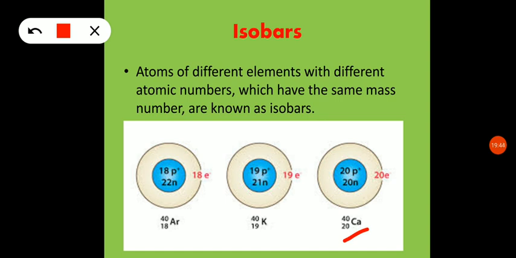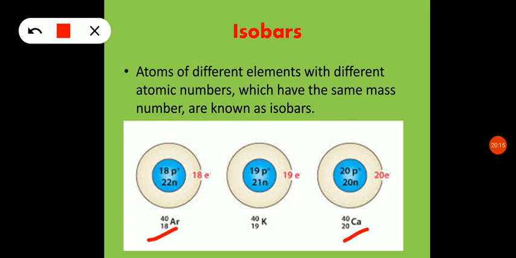And argon atomic number is 18 and mass number is 40. So here the number of electrons in these atoms is different, but the mass number of both these elements is 40. If you compare calcium and argon, the atomic number is different.